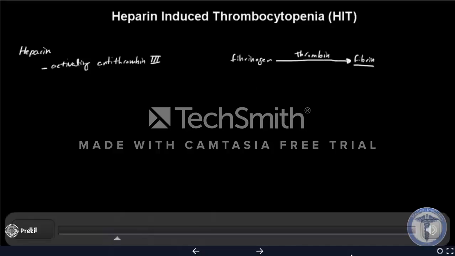So if we give the patient heparin, heparin will activate antithrombin 3, which will then inhibit thrombin. Therefore, we're going to have inhibition of fibrin production.